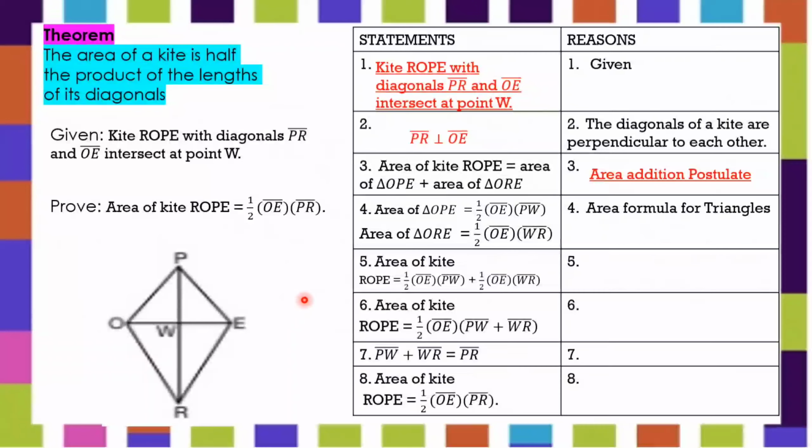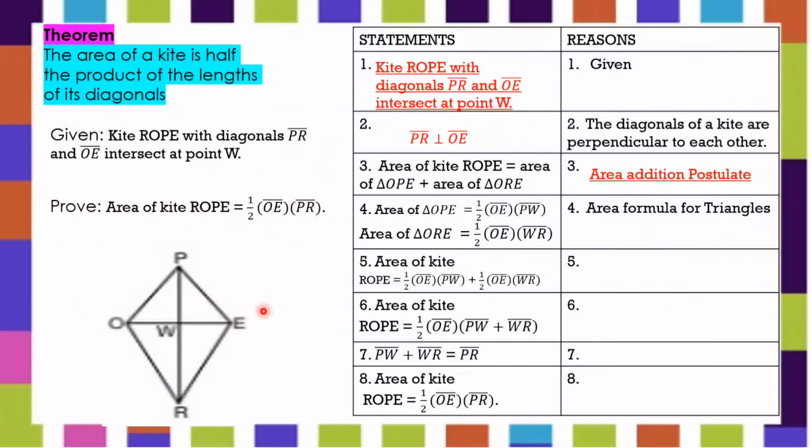Okay? Next, we can get that the area of triangle OPE is half the product of segment OE and PW. Okay? So, that's the formula for the area of triangles.